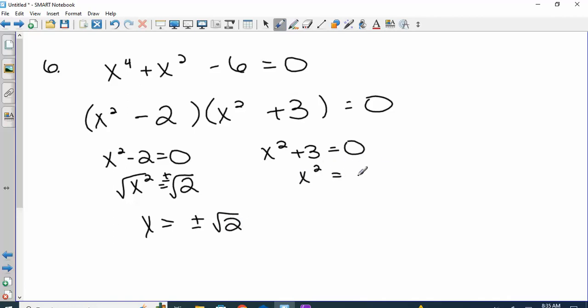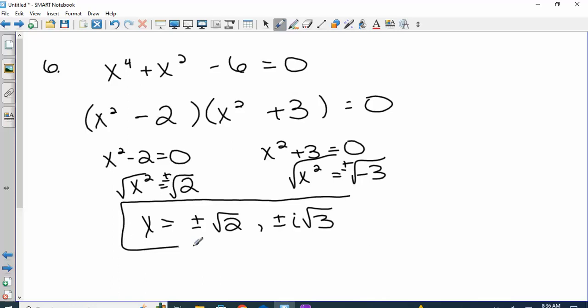This one, when you bring over your 3, it's a negative. So what's the square root of negative 3? My answers are plus and minus the square root of 2 and plus and minus i radical 3.